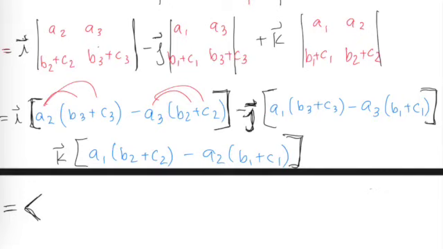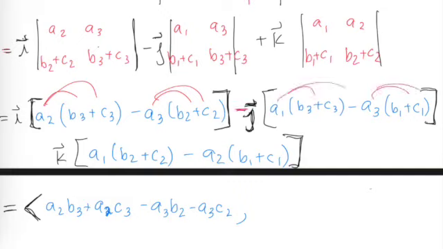So we're going to have A2B3 plus A2C3 minus A3B2 minus A3C2, essentially just distributing in those A values. Now in this next one, we're going to distribute in the A values again, but we're also going to distribute in this negative.